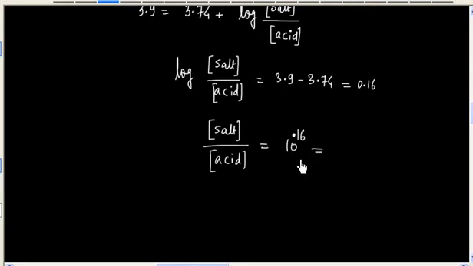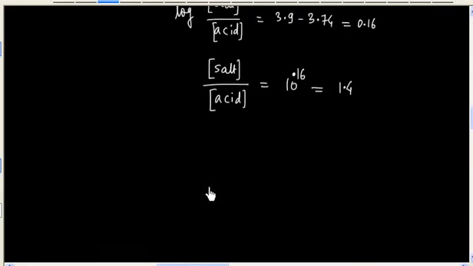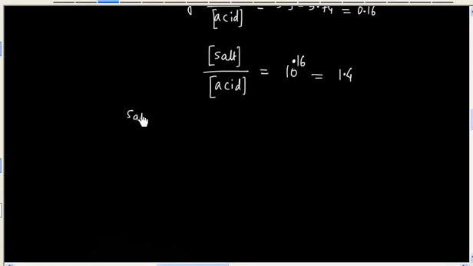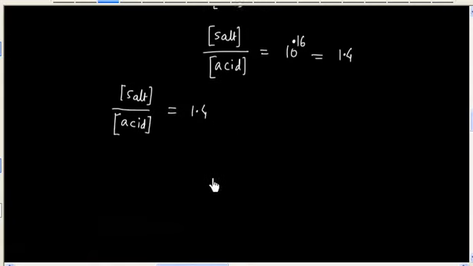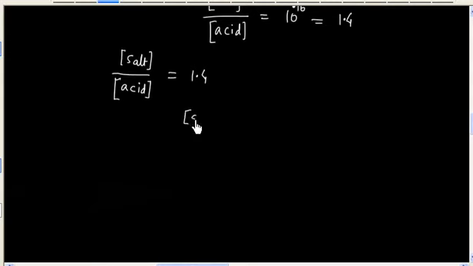Ten raised to the power 0.16, and this value comes out to be 1.4. So we have the ratio of concentration of salt by concentration of acid is 1.4, or we can say concentration of salt is equal to 1.4 times concentration of acid.